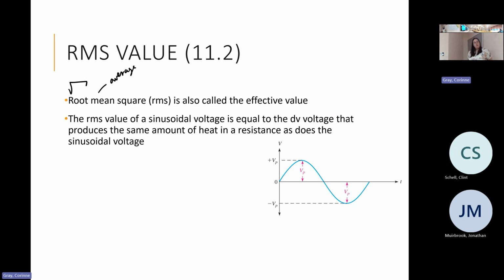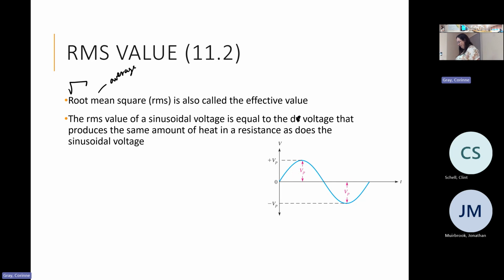So the RMS value for a sinusoid voltage, which we'll get to the equation for in a second: if we have an alternating voltage source and I calculate the RMS value of that voltage source, I could take it out and replace it with a DC source with that particular value.